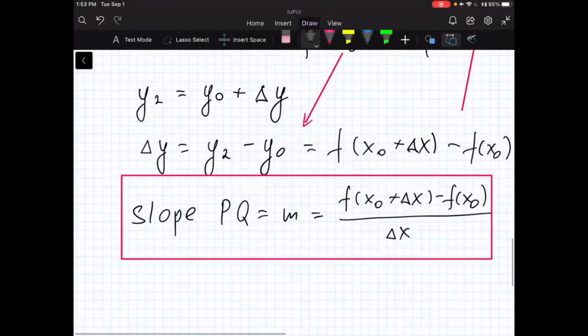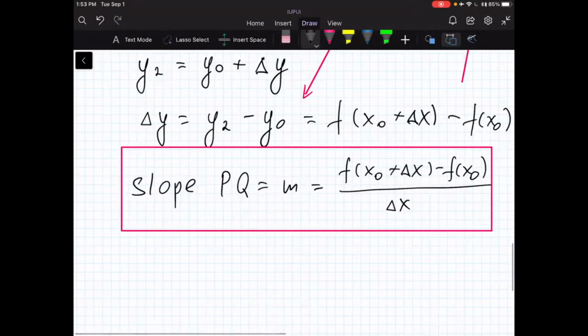And now we found a description for our slope in terms of a formula. And now we are ready to calculate the slope of our tangent line.